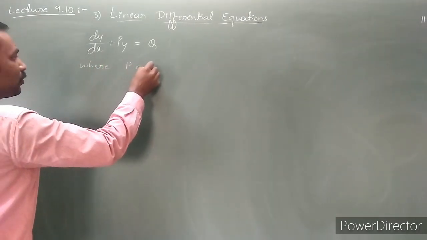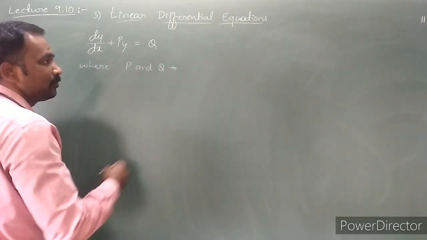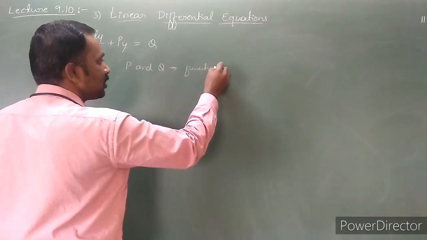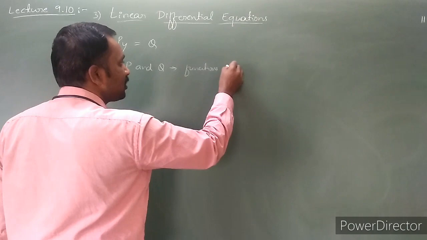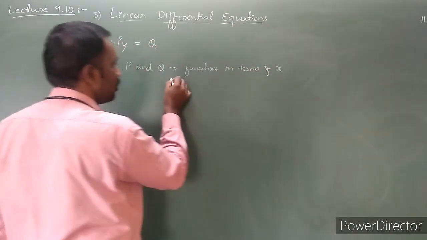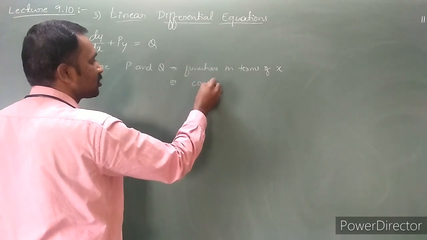What are p and q? Where p and q are functions in terms of x, or else constants.